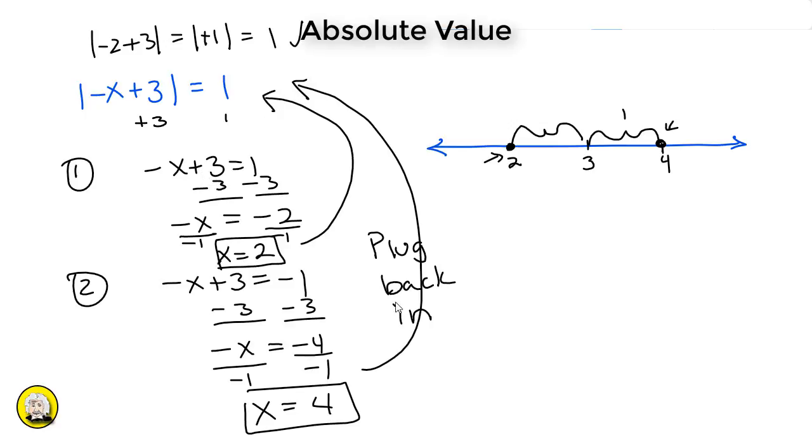Likewise, I want to try the x equals 4 case. So the absolute value of minus 4 plus 3 is 1. And within the absolute value expression, that evaluates to -1, which I know in turn evaluates to 1. So that checks. Both solutions do check back within our original absolute value equation.